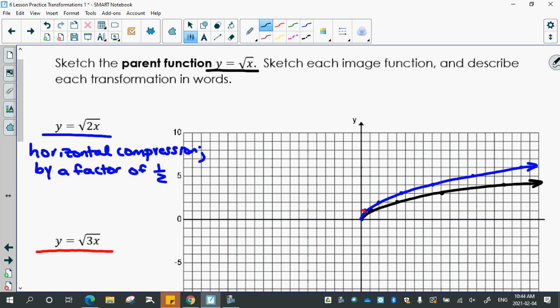So if I cut 3 by 1/3, I would only be going over 1. So you can try that. 3 divided by 3, all you have to do is divide by 3 to get your overs. So 1 divided by 3 is 1/3. 3 divided by 3 is 1. So from here, I'm going to go over 1, up 1.